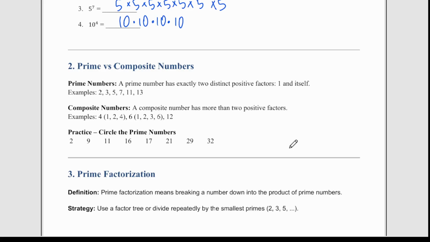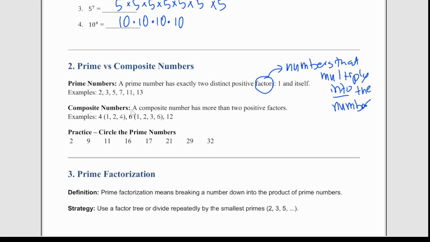A prime number has only the factors of one and itself. And what do we mean by factors? Factors are numbers that multiply into the number.